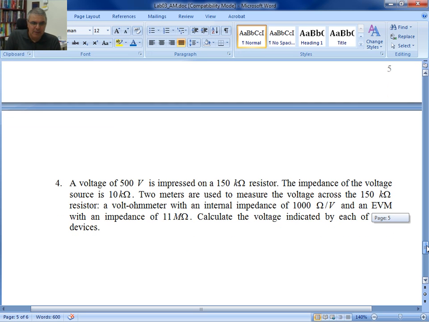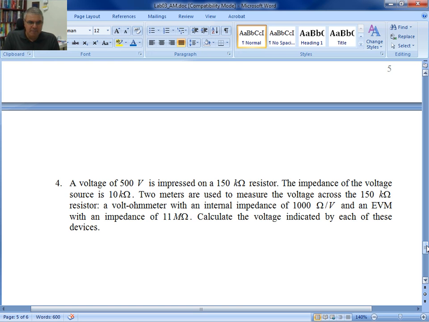And that is using the voltage measured by either an EVM or a voltmeter. That's two ways of doing this. There will be error associated with both of those, and in this case, you need to calculate the voltage and also look at the error.